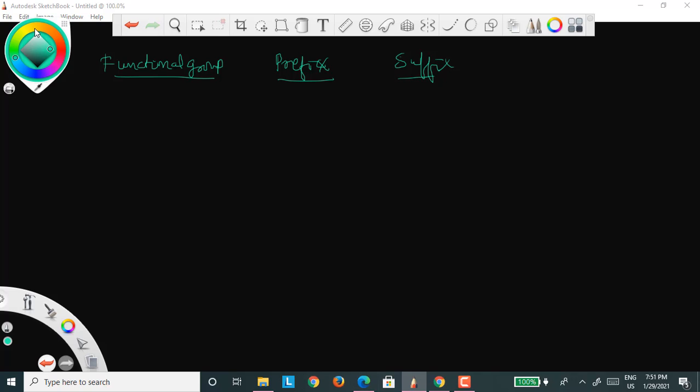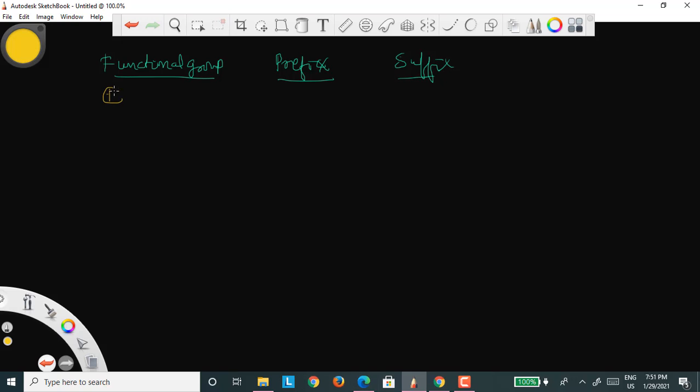Let us make 3 columns: functional group, prefix and suffix. So if the functional group is connected outside the ring, then the functional group is given a prefix and suffix like this.